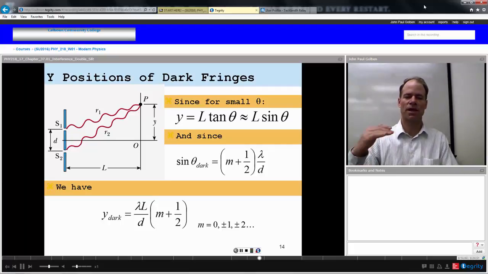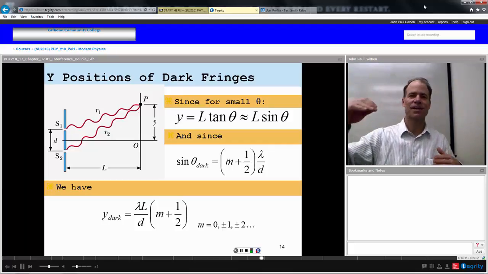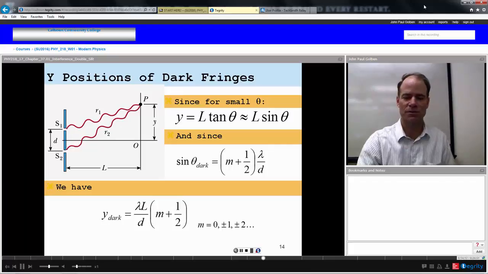These will be the location of all of our dark fringes. Again, the first dark fringe will correspond to m equals 0. Second dark fringe will correspond to m equals plus or minus 1. Third dark fringe will be m equals plus or minus 2.